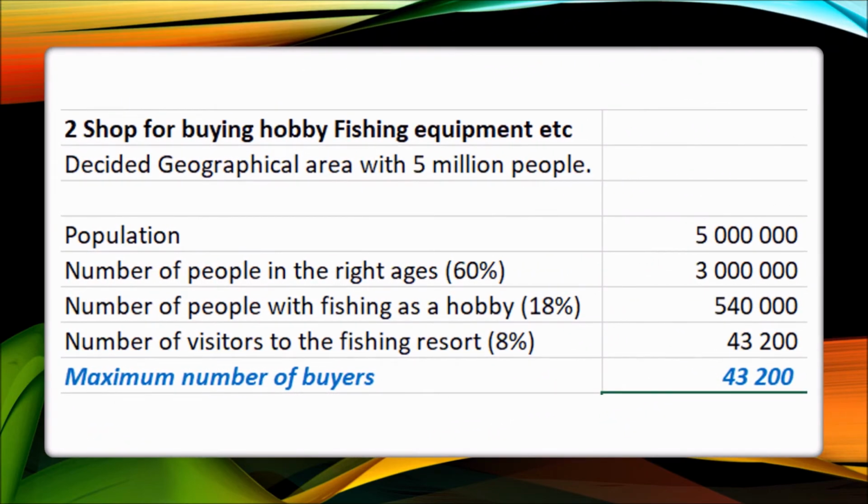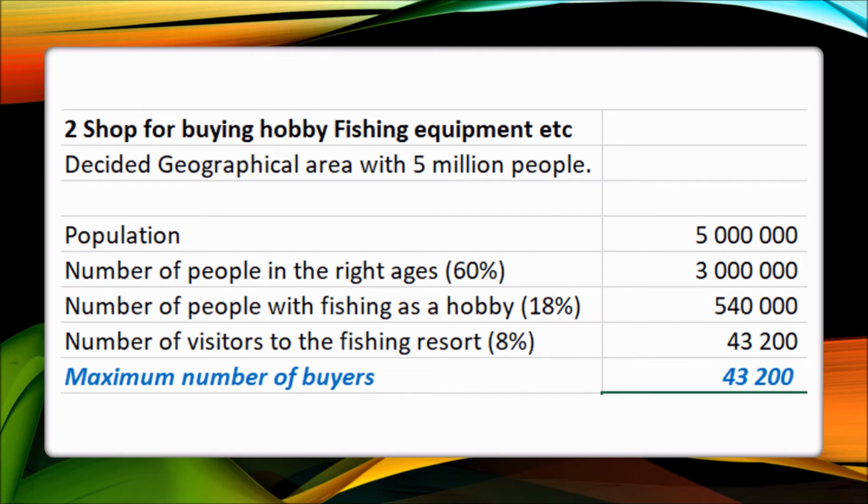And this fishing shop is in the same area with 5 million people. The number of people who have the right ages for being possible buyers from a shop like this is 3 million. The number of them who have fishing as a hobby will be a bit higher among men and a bit lower among women, but the average is 18%, so 540,000 people will have fishing as a hobby at least.